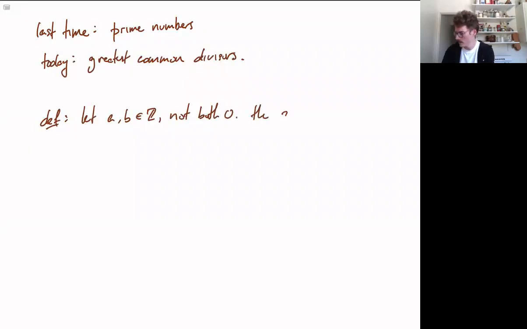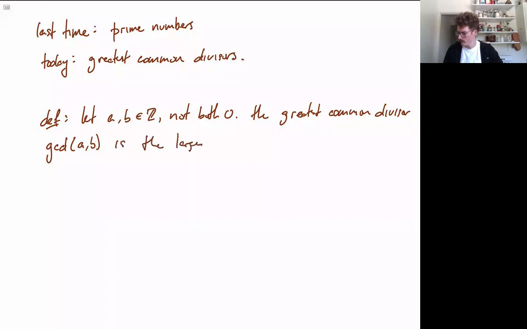Then their greatest common divisor, which we write GCD for obvious reasons, is the largest integer d such that d divides a and d divides b. So again, basically what it sounds like, it's the biggest integer that is a divisor of both a and b.